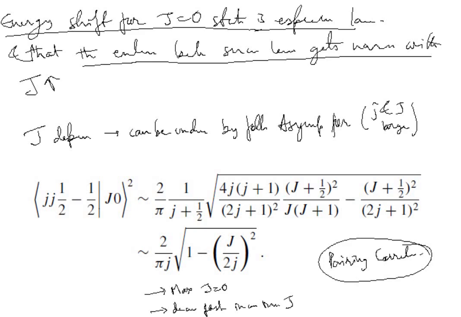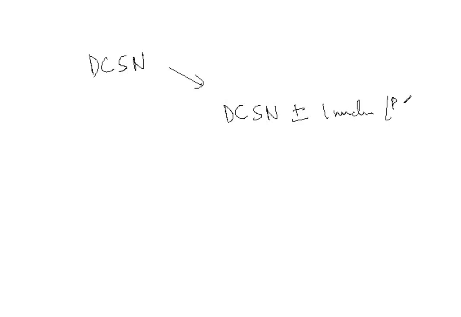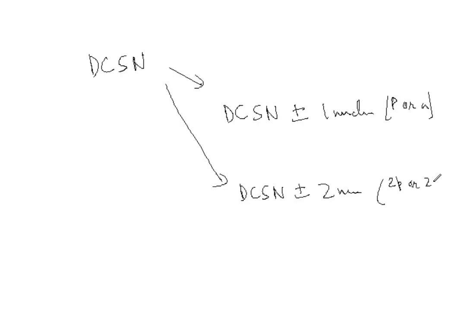So today, before I finish, we have talked about what a doubly closed shell nucleus is. After that we talked about a doubly closed shell nucleus plus or minus one nucleon, either proton or neutron. Then the last example that we saw right now, we have talked about plus two nucleons, so two protons or two neutrons.